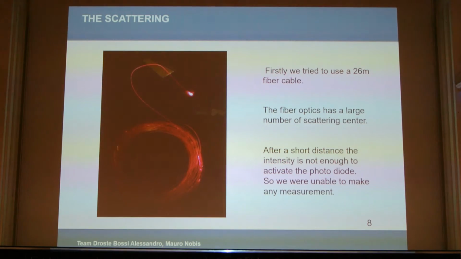You can see that there are a lot of scattering centers. The intensity was not enough to activate the photodiode and for the Arduino to read the signal, because the voltage we had was too low.